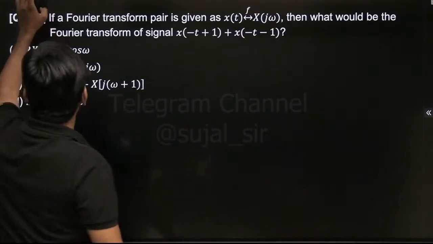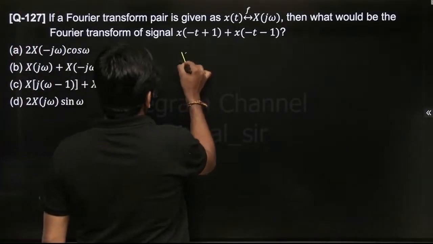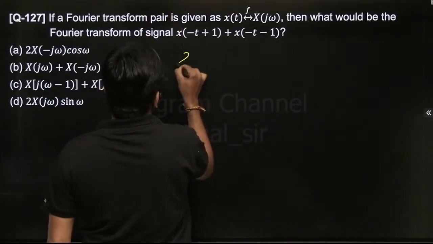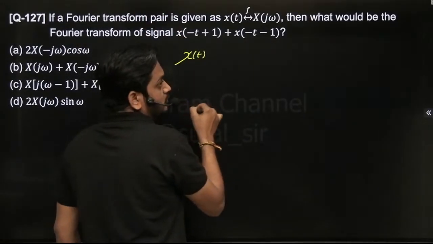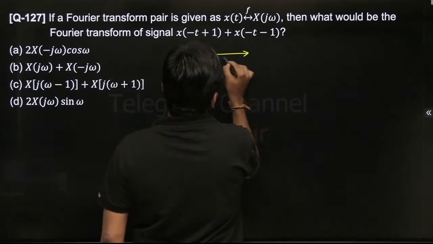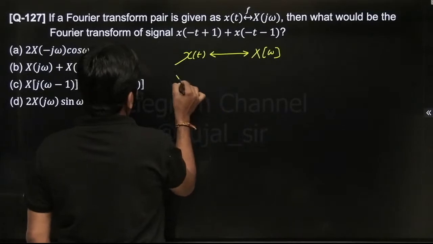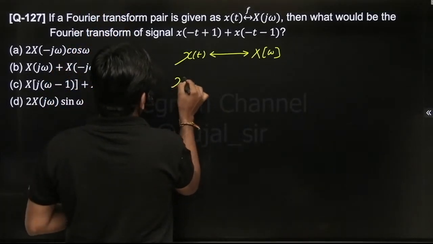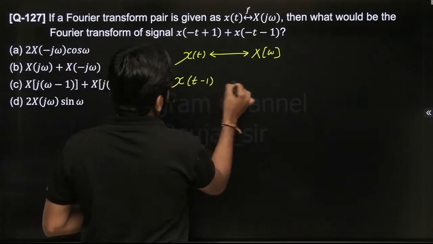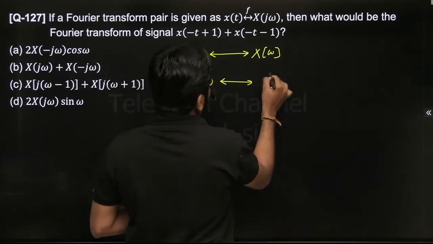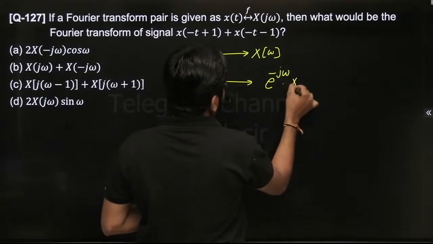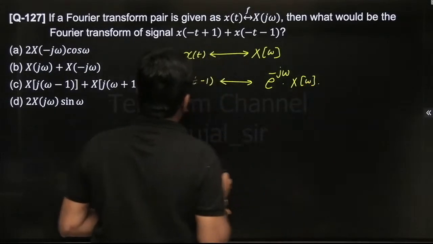So here, see, the Fourier transform of x of t is nothing but X of omega. Then the Fourier transform of x of t minus 1 is nothing but e to the power minus j omega X of omega.